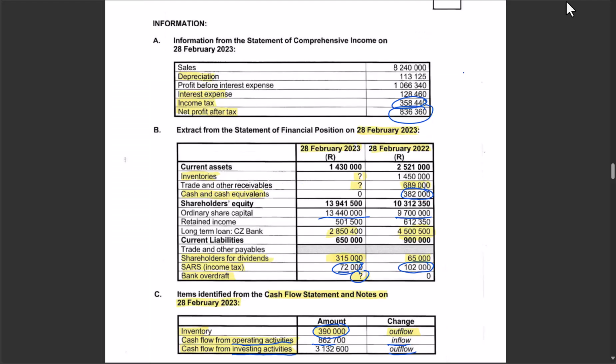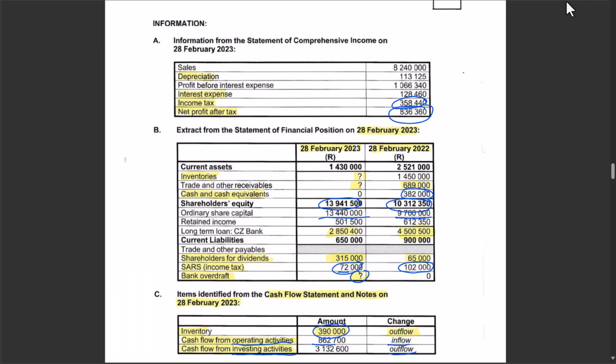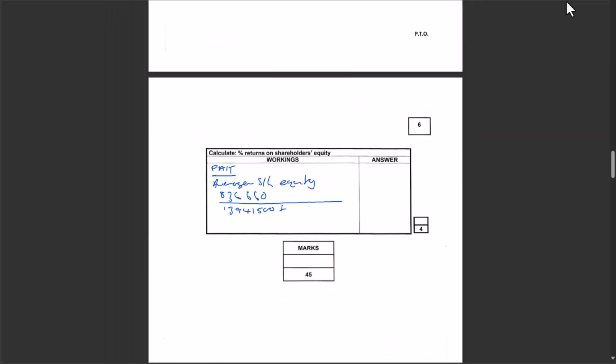So if you come here, we have this and this, so the shareholders equity is 13,941,500 plus 10,312,350, all multiplied by what? Half, right?